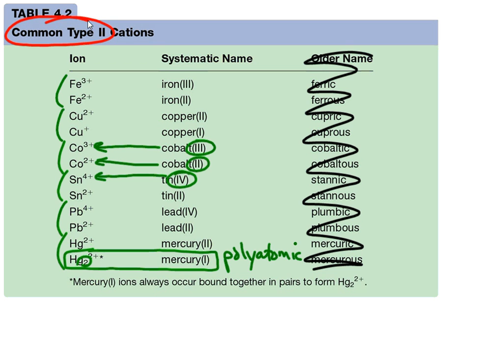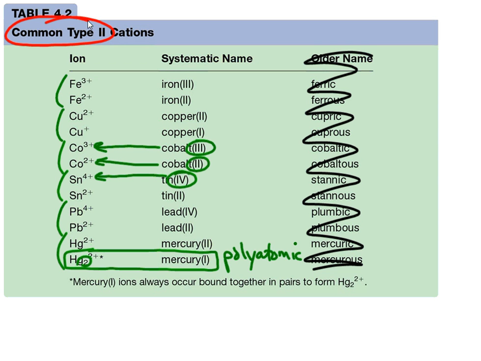I'm going to leave this polyatomic ion alone for now, because our next video is going to be on polyatomic ions, where I will revisit the mercury 1 ion. But for right now, we're going to focus on iron 2, iron 3, which you are already familiar with. You already did a lab with them. Copper 1, copper 2, cobalt, tin, lead. That's what we're going to focus on right now.